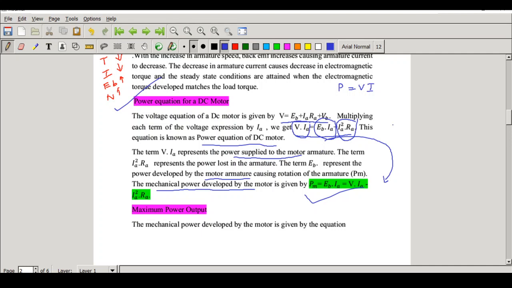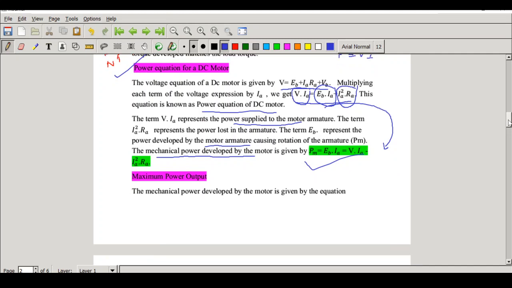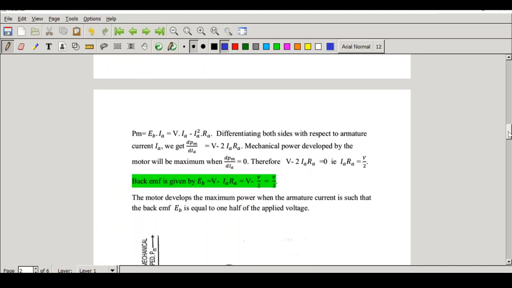Now next is, what is the condition for developing maximum power in the case of a DC motor? For that, first you write this expression: mechanical power developed is equal to Eb Ia, that is equal to V Ia minus Ia² Ra. This equation we already learned.